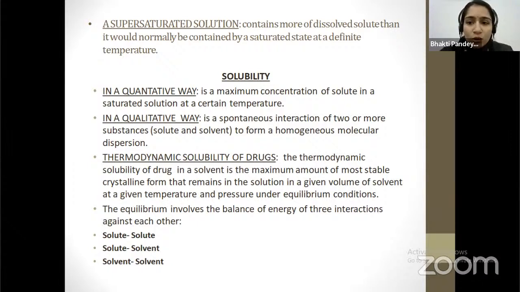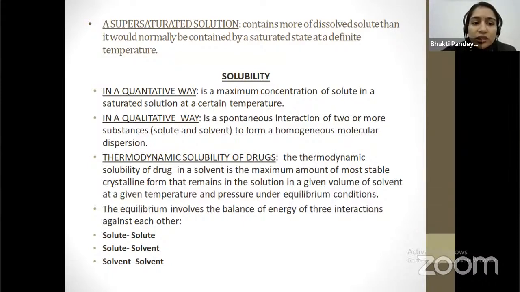What is solubility in quantitative terms, in qualitative terms, and in terms of thermodynamics? I'll be starting with the quantitative way. In quantitative terms, solubility is the maximum concentration of solute in a saturated solution at a certain temperature.